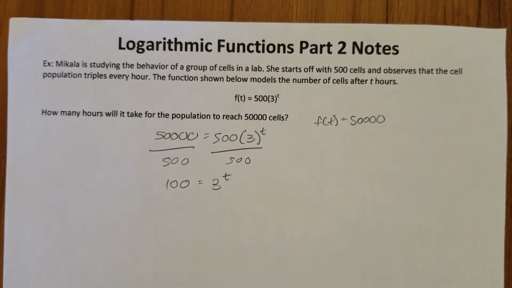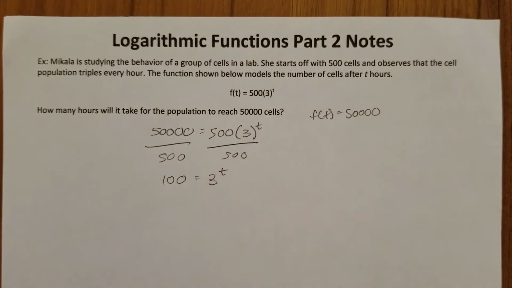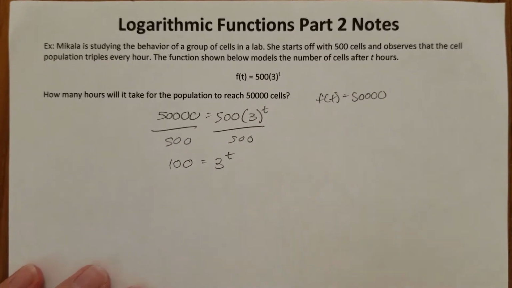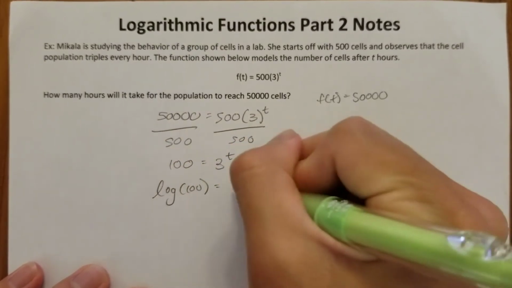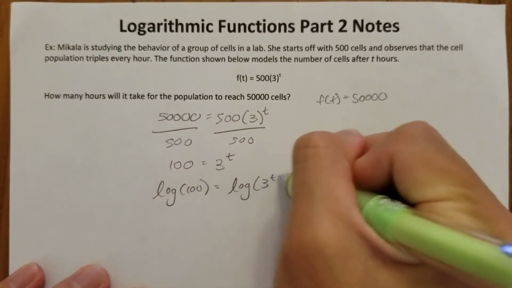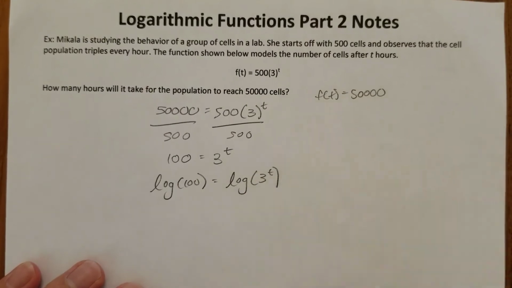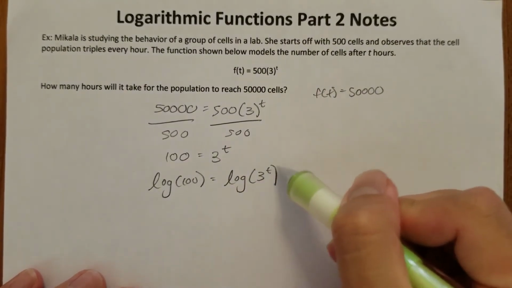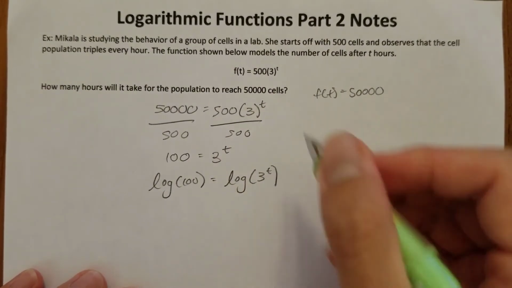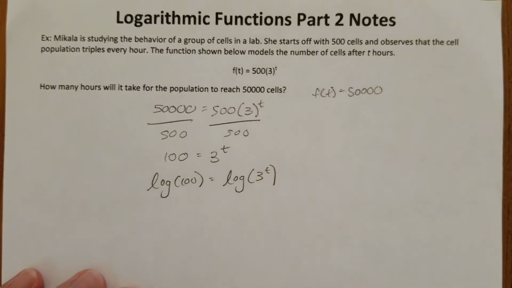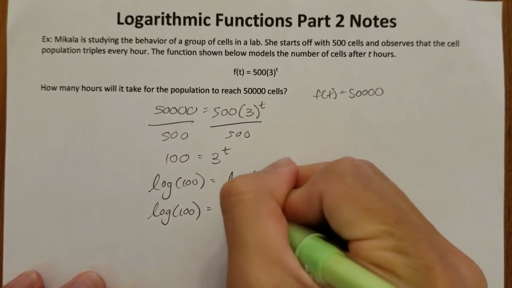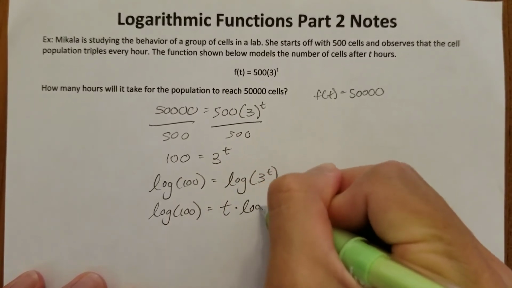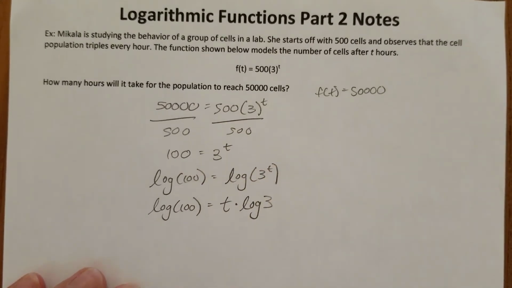Next, because we don't have an e here, we can take the common logarithm of both sides. So log of 100 equals log of 3 raised to t. Because we have an exponent on the right hand side, we can throw that in the front. So log of 100 equals t times log of 3.